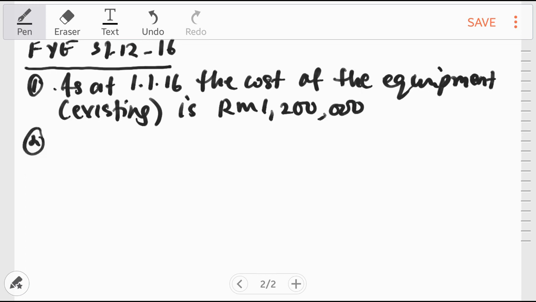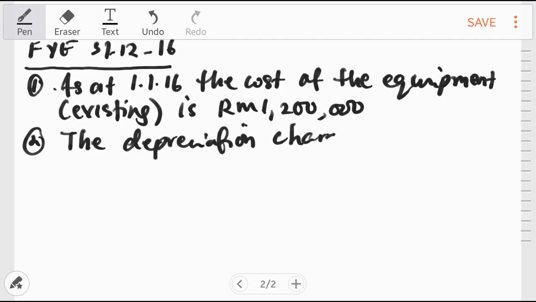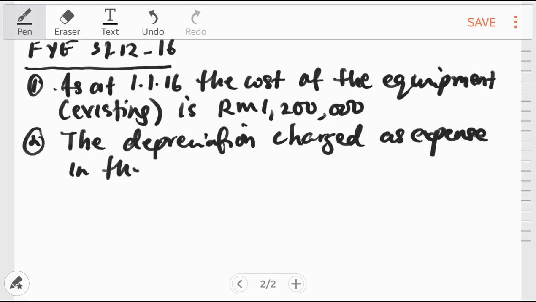And then number 2, talk about the depreciation charge for that year. So depreciation charge that we have calculated. Charge here, charge as expense in the SOPL.